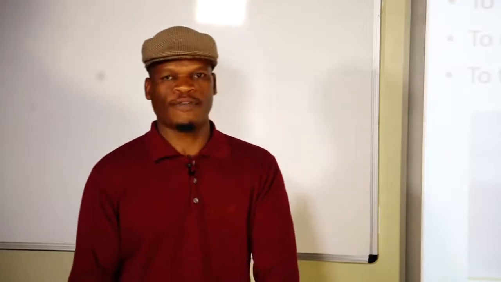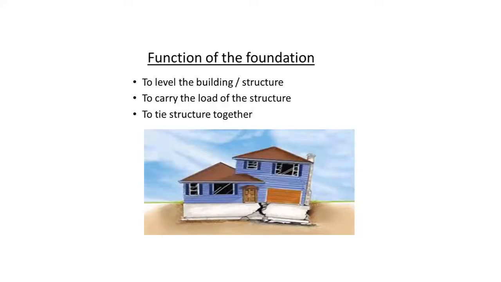Now the functions of the foundation. If you look at the building below, it has a bit of a crack to indicate that it was going to collapse, or is collapsing, because the poor foundation constructed on it could not withstand the load of the building material that has been used.